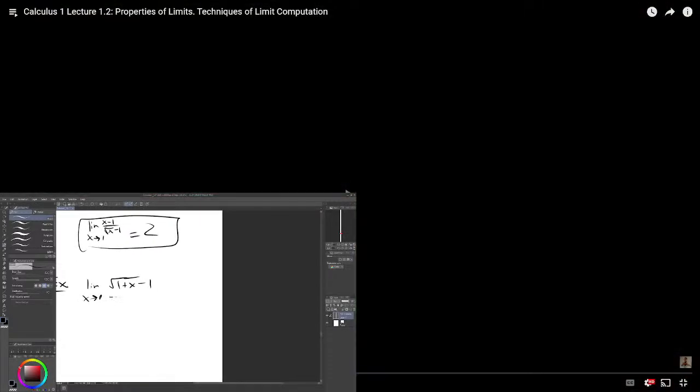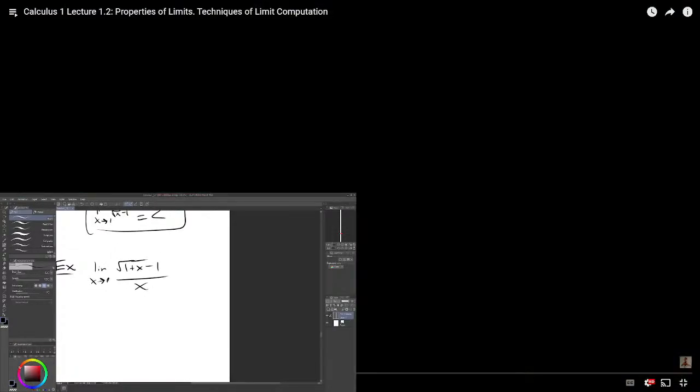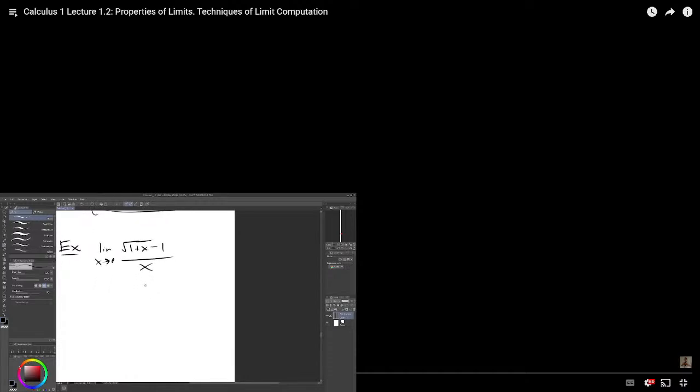So the limit as x approaches 0 of the square root of 1 plus x. Okay, 0 over 0. Do we want to do the conjugate again?